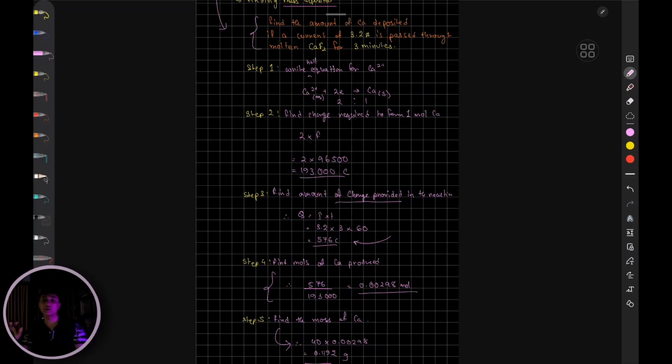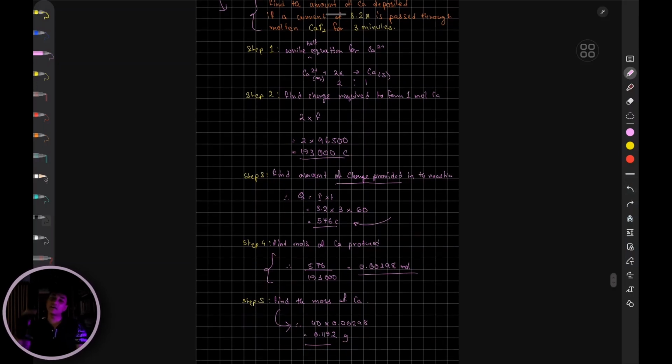Third step, we found out the actual charge that we are providing, that is 576 coulombs, and then find the moles of calcium that will be produced. How do we find that? Real amount of charge divided by required amount of charge for 1 mole, right? So using that, we can find out the moles of calcium that will be produced, right?